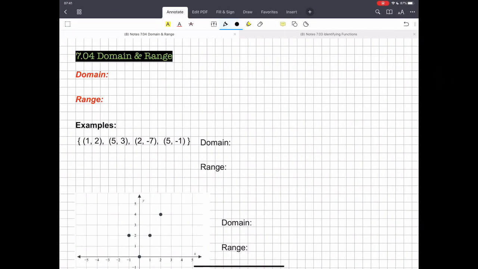In our lesson today, we're going to look at something called the domain and range of relations and functions. So what is a domain? Well, a domain is just another name for all of the x values of a relation.